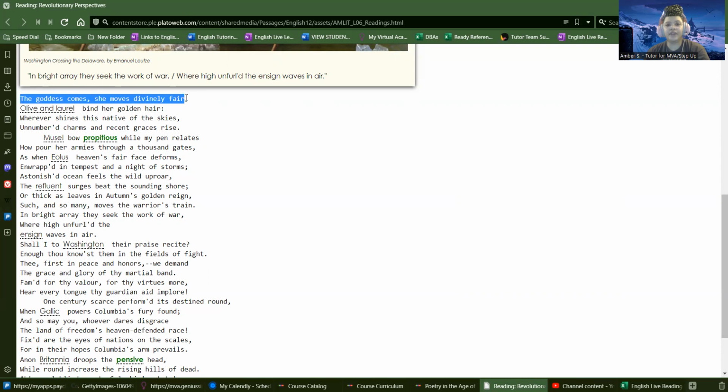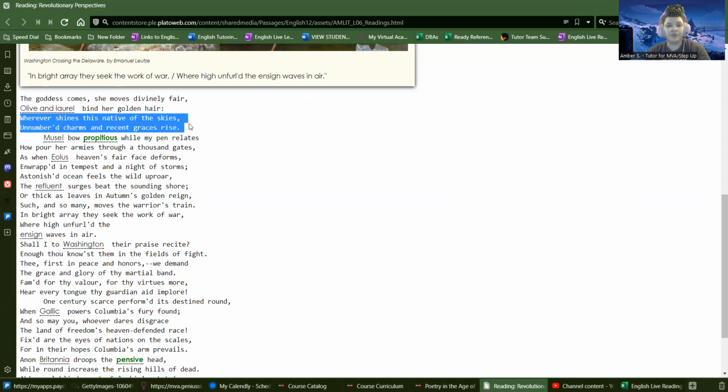She moves divinely fair. So fair just sort of means in this case, like with grace, gracefully. And she's moving with a divine version of this. Divine just means godly. And then it says, wherever shines this native of the skies, unnumbered charms and recent graces rise.